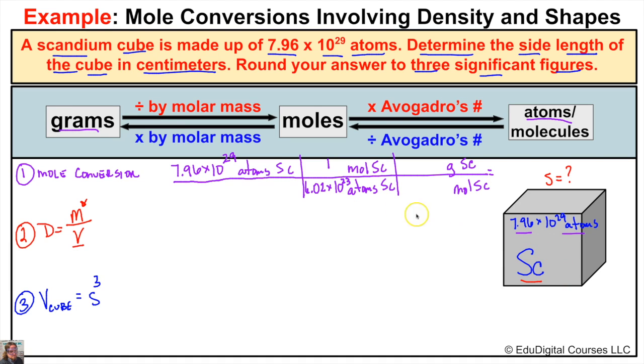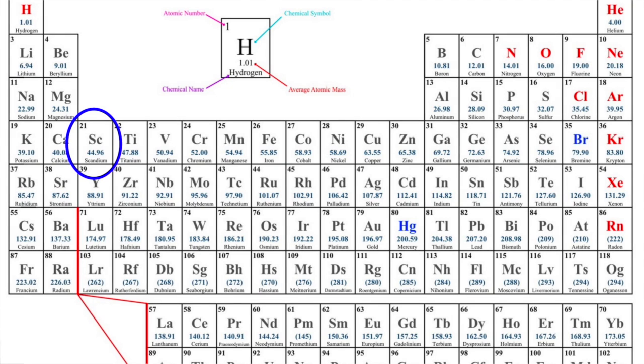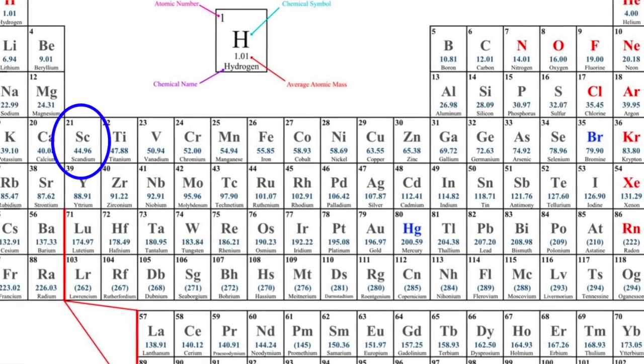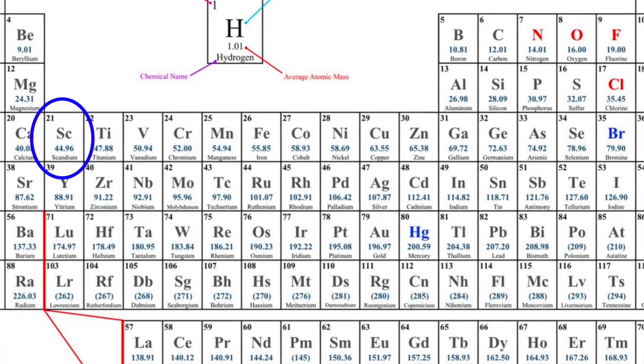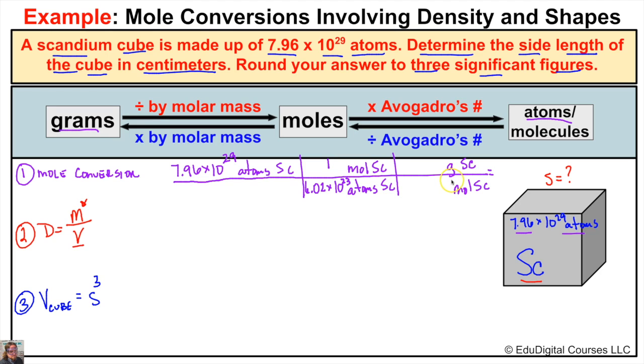In this case, we're talking about atoms of scandium. And now, what is the relationship between grams and moles? Well, if you take a look at the periodic table that just popped up, you will see that the molar mass of scandium is 44.96. So what does that mean? That means for every 1 mole of scandium, it's going to have a mass of 44.96 grams.